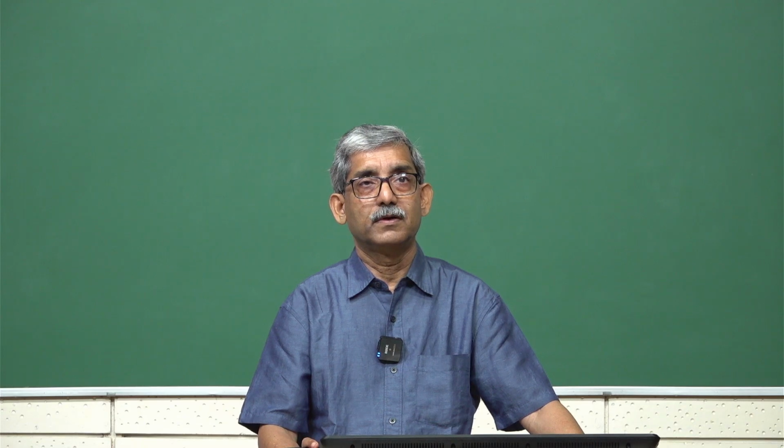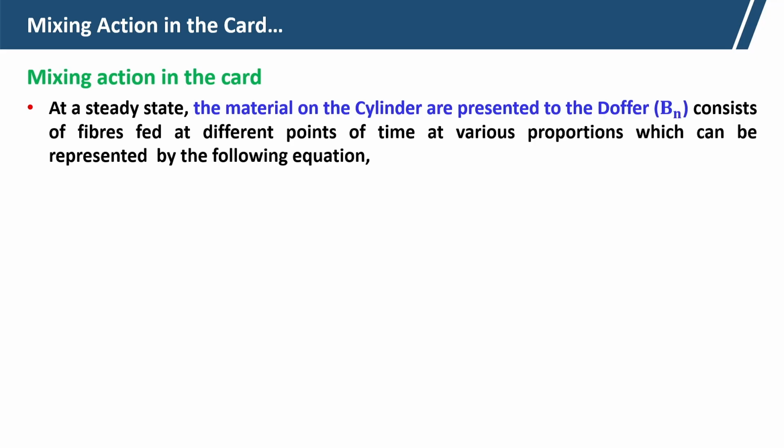So, as already stated, the material on the card, particularly the cylinder, is presented to the Doffer. This is the term Bn, consisting of fiber fed at different points of time at various portions of the feed point, like in the fiber feed bat, which can be represented by the following equation.